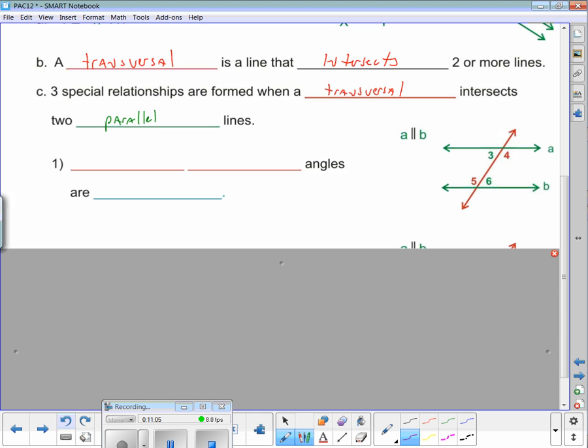So here's what we end up having. We end up forming two pairs of what we call alternate interior angles. Two pairs of alternate interior angles.